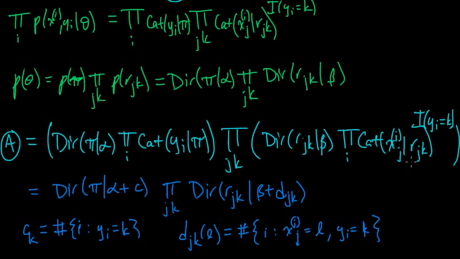Because remember, we're only counting the ones where y_i equals k. That's where the factor shows up. So these are our counts, and using the Dirichlet categorical conjugacy, we get this product of factors here for this thing A. All right, so that's looking good.